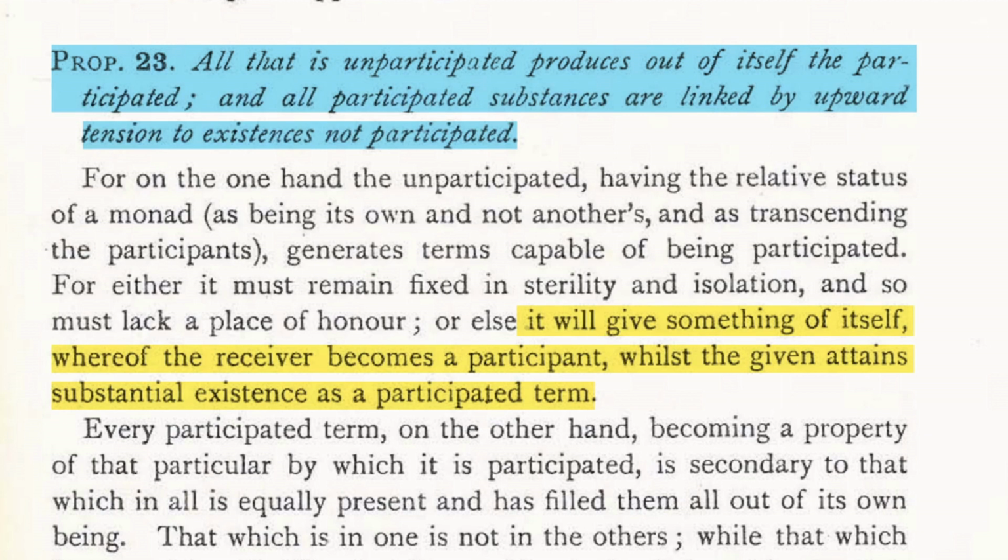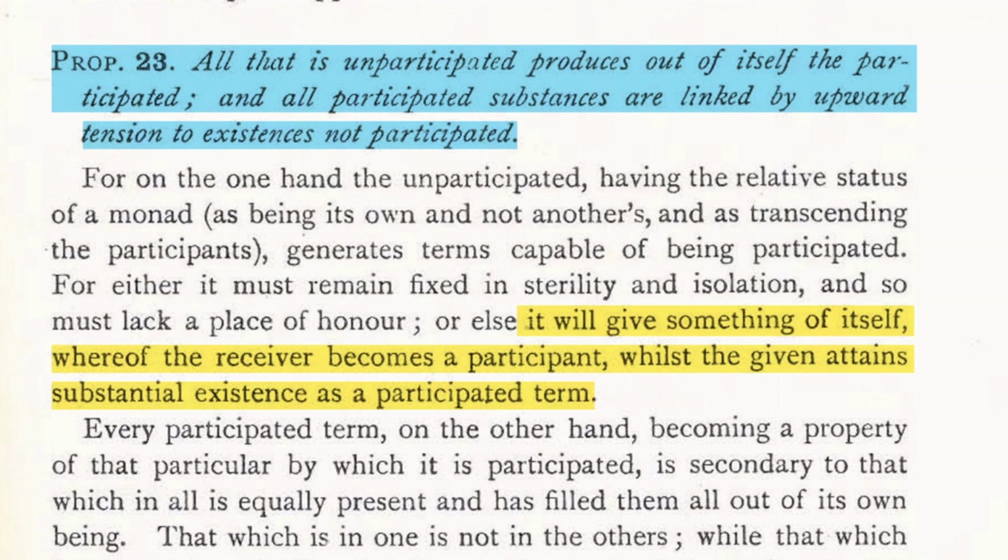23 is an important one, but it's one that can be difficult to wrap our heads around, so it's worth reviewing. So this one reads, "All that is unparticipated produces out of itself the participated, and all participated substances are linked by an upward tension to existences not participated."